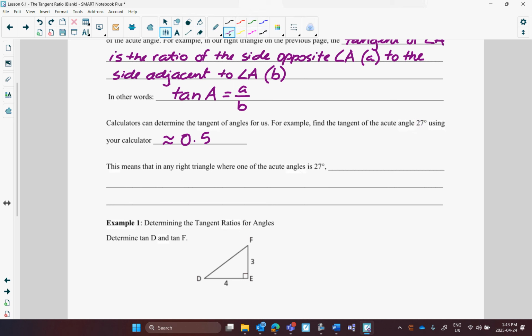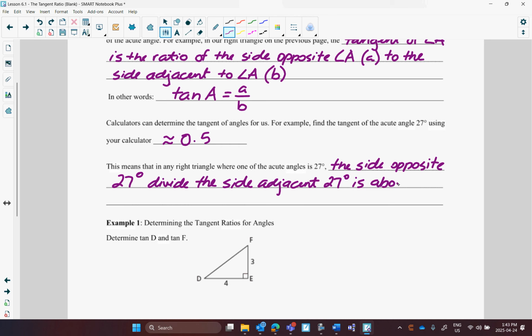So that means in any right triangle, the side opposite 27 degrees divided by the side adjacent 27 degrees is about 0.5.